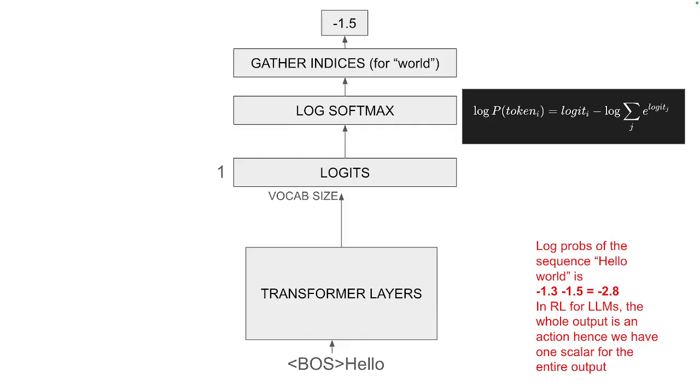And now you have compressed the action space into just one number for a sequence. Here, this was the log likelihood of "hello", and this was the log likelihood of "world", and we have combined them into one scalar value. So now we have compressed the action space into just one scalar value, and this is going to be very key when we're optimizing with reinforcement learning.